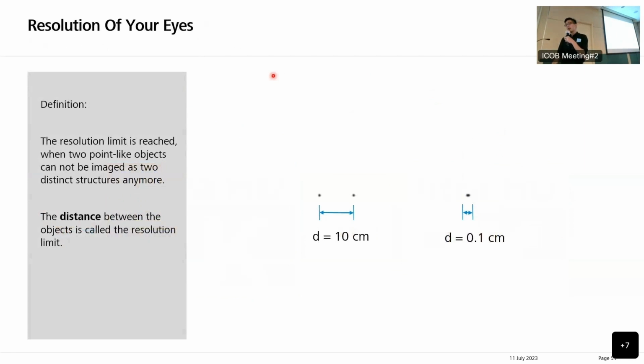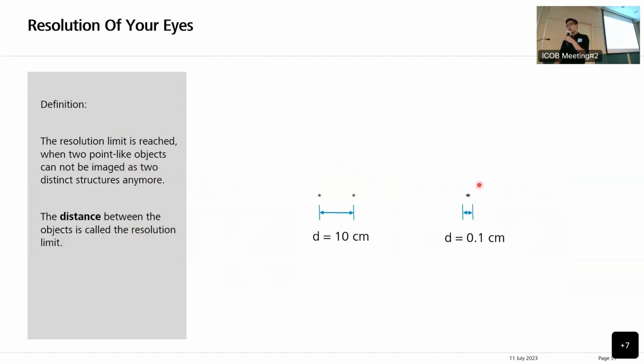For the definition of resolution, here it says that the resolution limit is reached when 2 point-like objects cannot be imaged as 2 distinct structures. You can see here we know that there are 2 objects, 2 points, and the distance in between is like 10 centimeters.